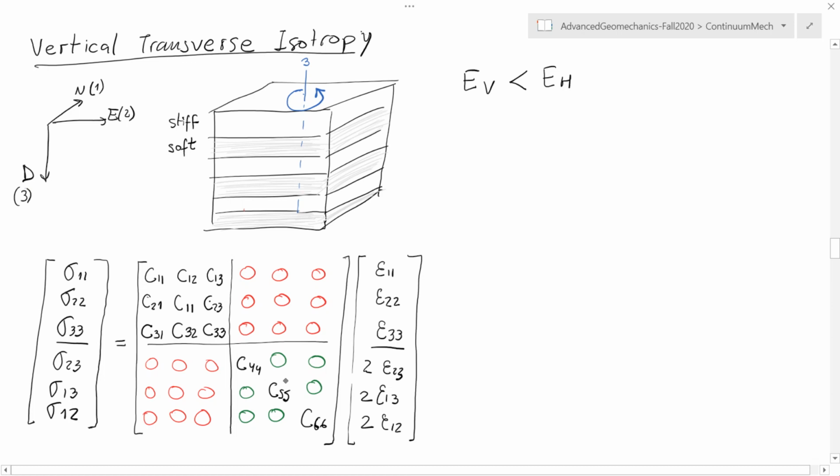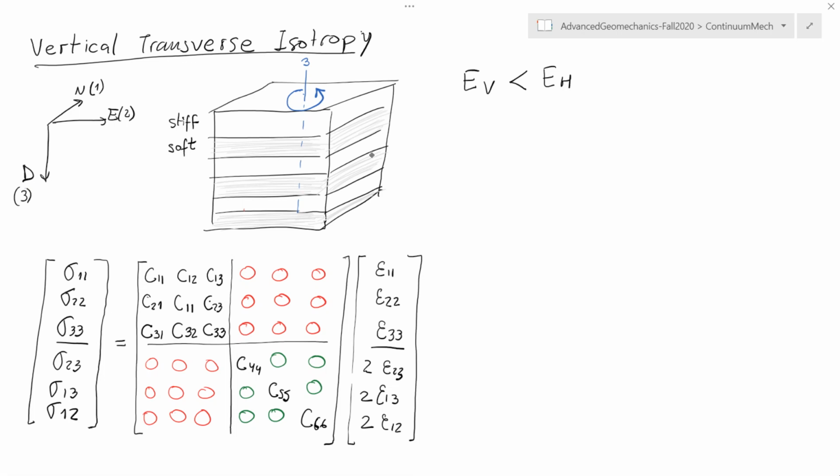If I were to apply a shear stress in the plane 1 3, you would expect that to be the same as applying a shear stress in the plane 2 3, because it's basically the same plane, just at 90 degrees, but because this is axis symmetric or vertical transverse isotropic, it's going to be the same.